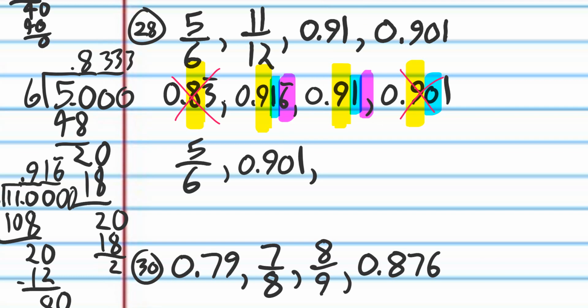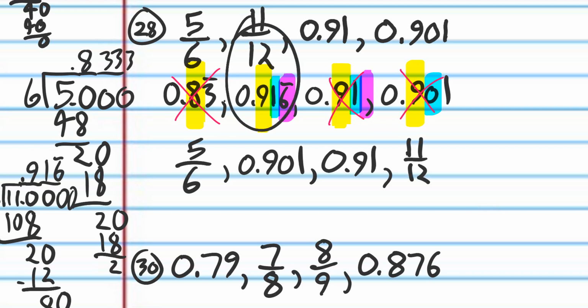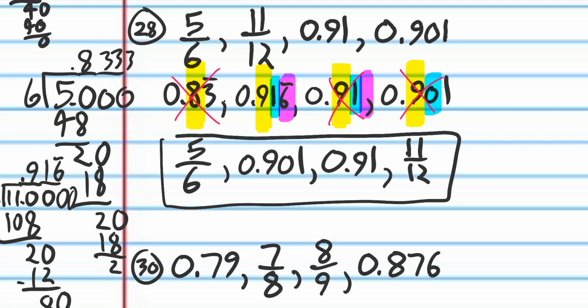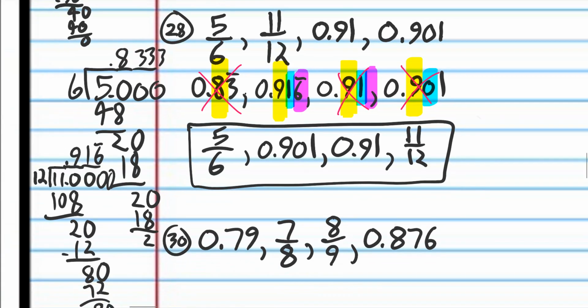So the one with nothing is going to be the smaller number. So we cross that one out. And the next one is going to be 11 over 12. This is the biggest number. All right, so that looks correct. So if you got that answer, good job.